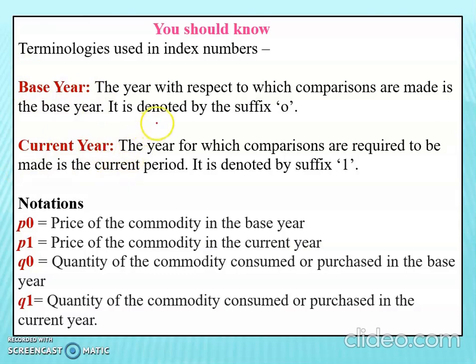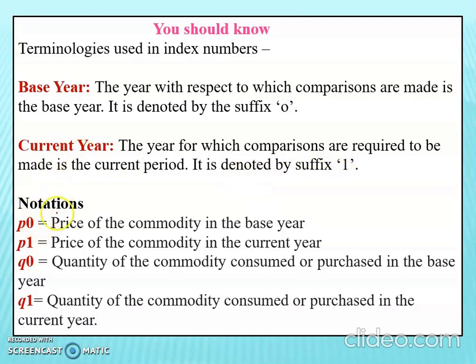So when you are denoting these particular years in calculation, you are supposed to denote the base year by suffix 0 and the current year by suffix 1.